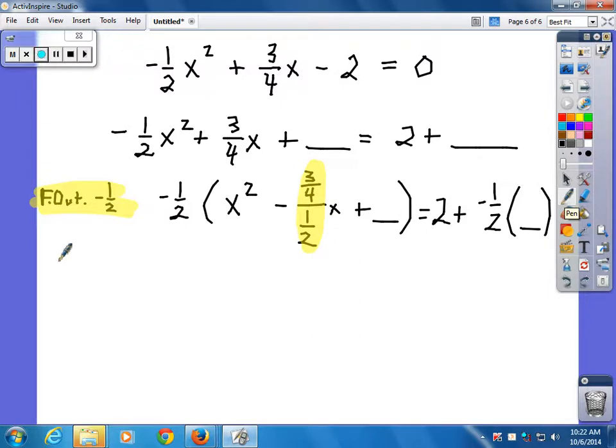So I'm going to go out to the side: 3/4 divided by 1/2 is 3/4 times what? 2/1. And those cancel. And what are you left with?